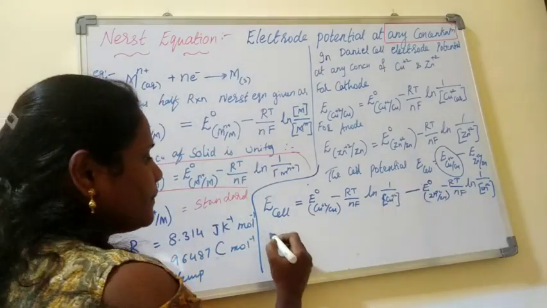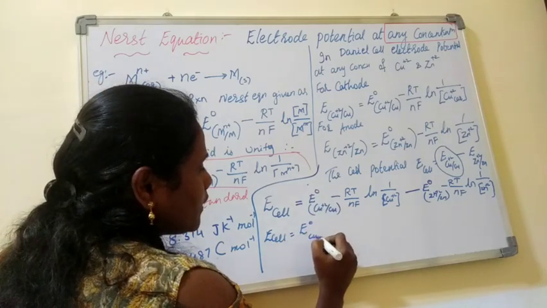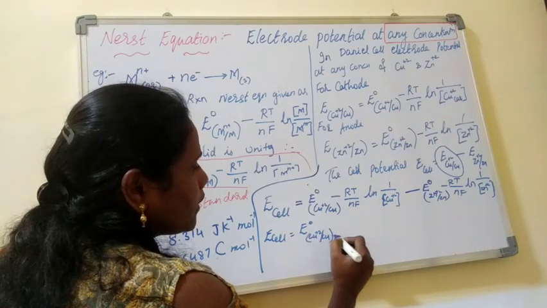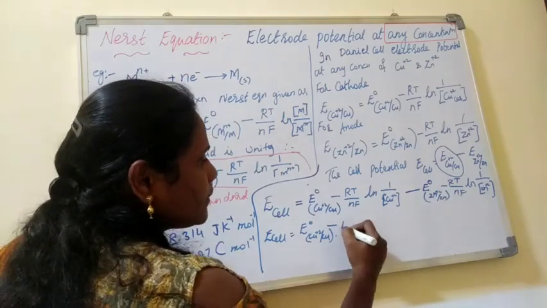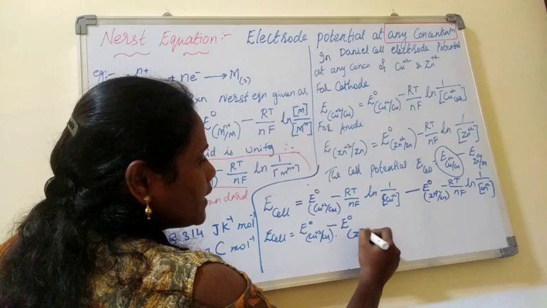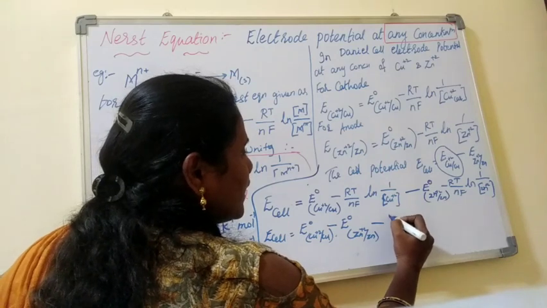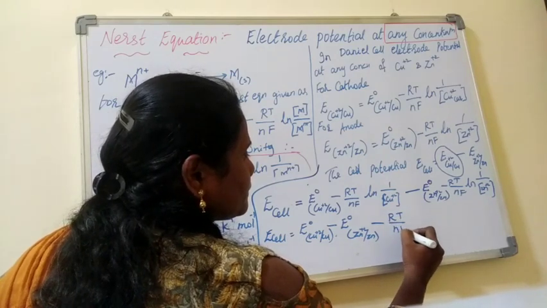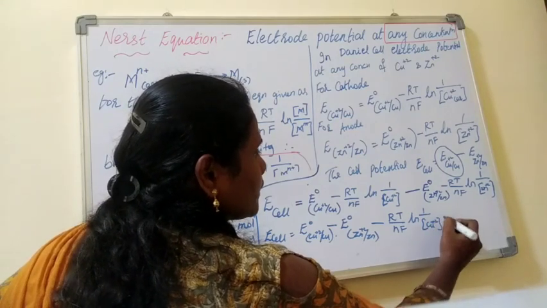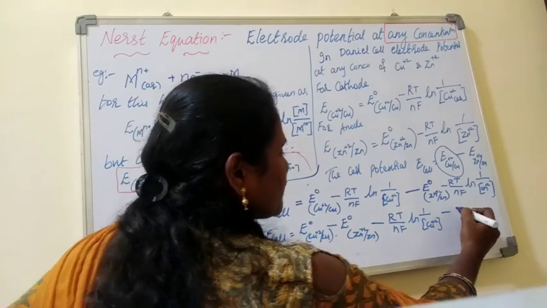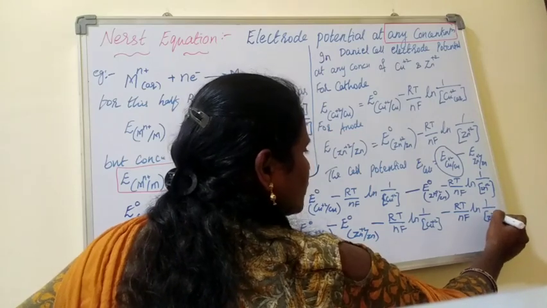Now simplifying it, it is equal to E naught Cu plus 2 by Cu minus, may I bring this here, E naught zinc plus 2 by zinc, right? Again minus RT by NF ln 1 by copper plus 2, minus RT by NF ln zinc plus 2, right?